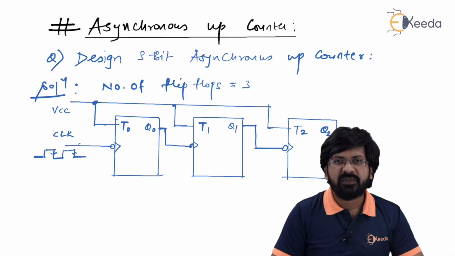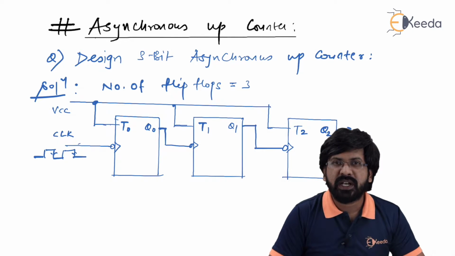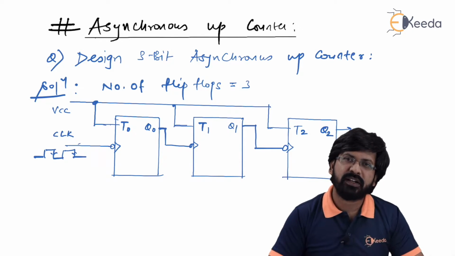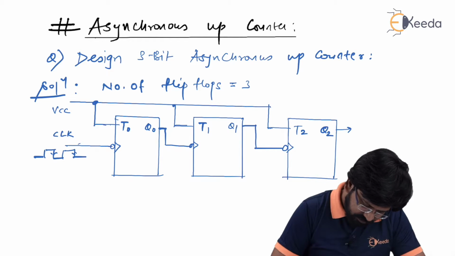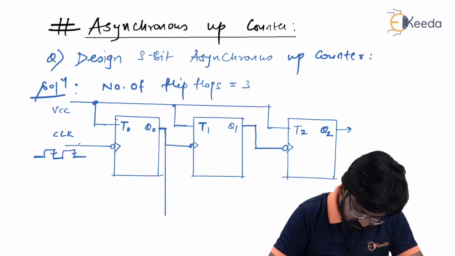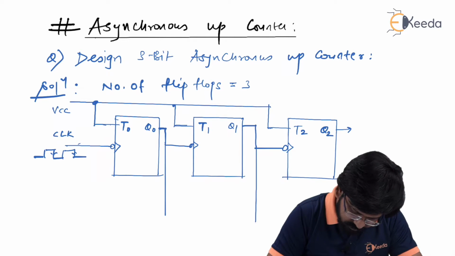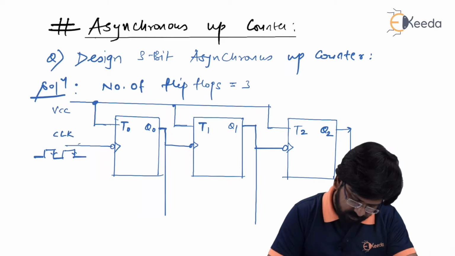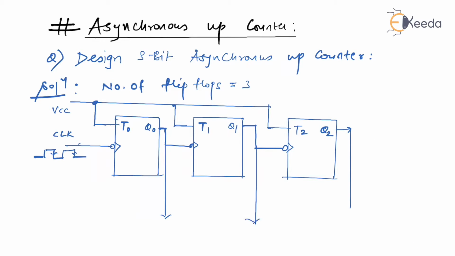Don't forget that we are taking outputs from Q0, Q1 and Q2, or rather Q2, Q1 and Q0. So outputs are taken from these 3 lines, which are Q2, Q1 and Q0. Of course, Q2 is the MSB and Q0 is the LSB. Is that right? So now let's study this.